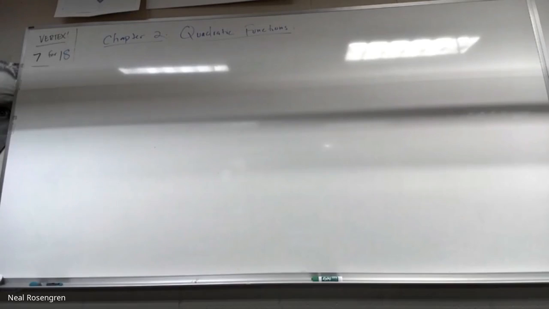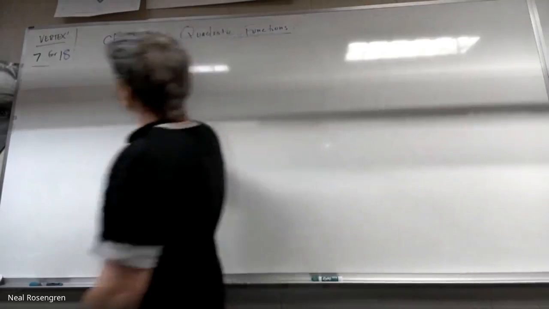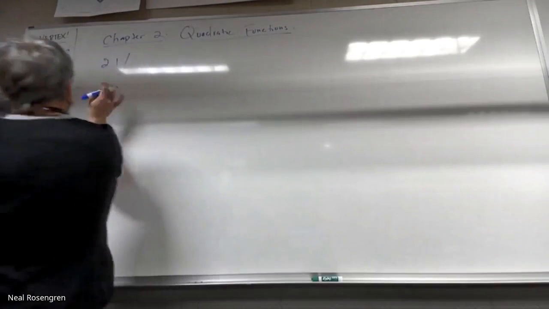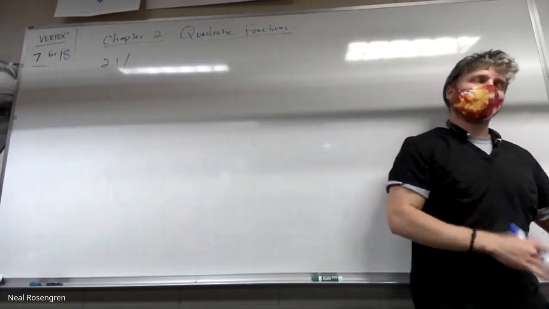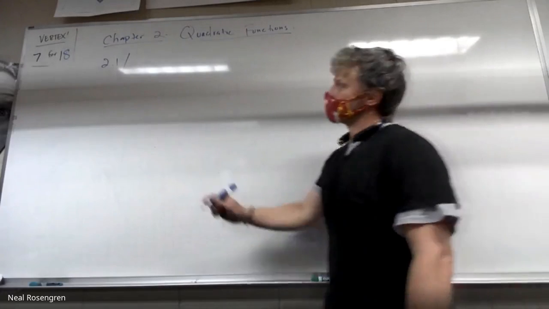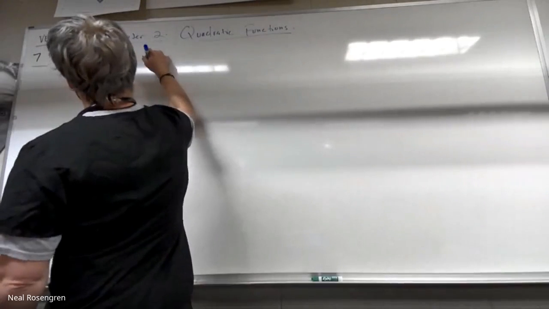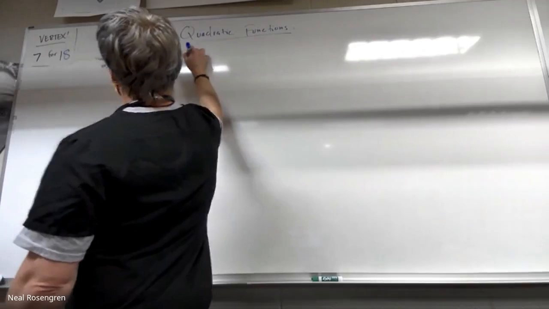We're going to look at section 2.1 to start, which looks at just one version of quadratics, making it look one way and not another. And that's called vertex.